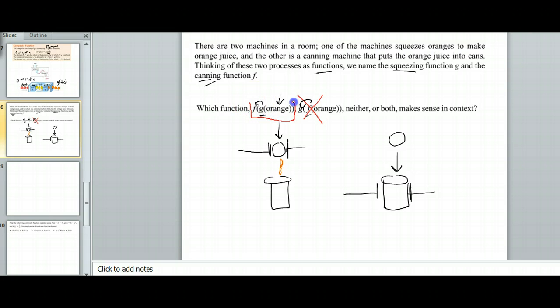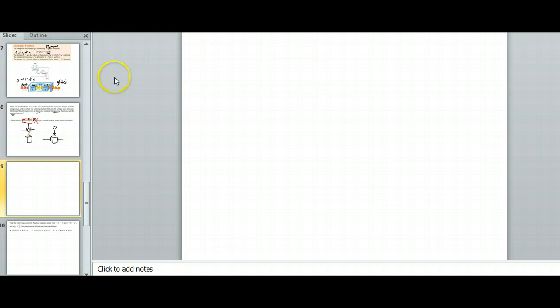So what this is supposed to illustrate is that composite functions are not the same if the order is changed. F of g of x and g of f of x are not the same thing.